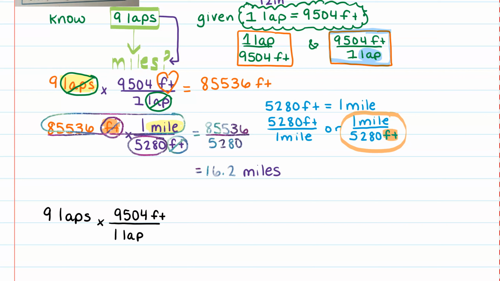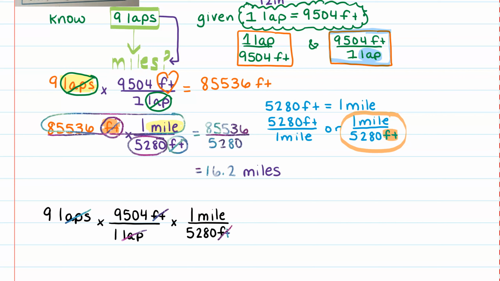And we see that the laps will cancel. So then now we need the feet to cancel to get to miles. So I'm going to do 1 mile is the same as 5,280 feet. And now feet on top cancels with feet on bottom.